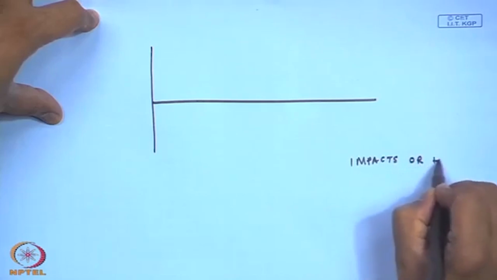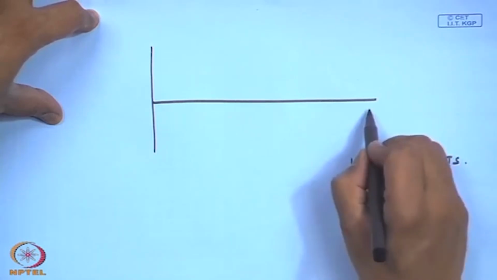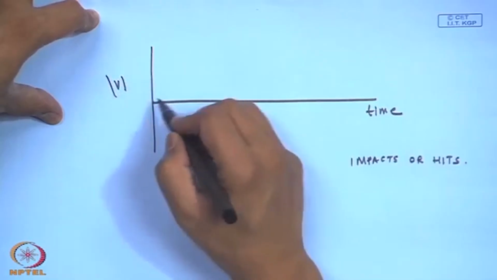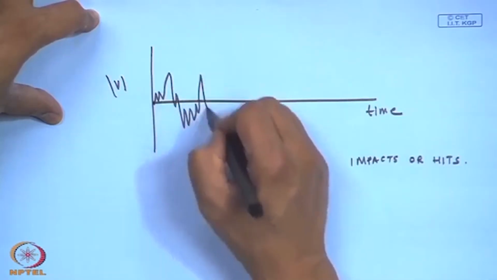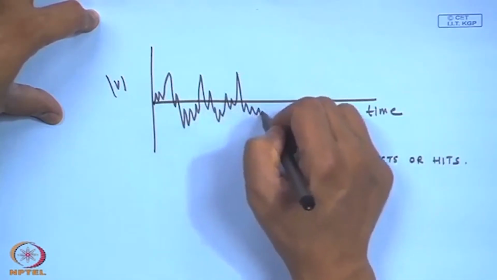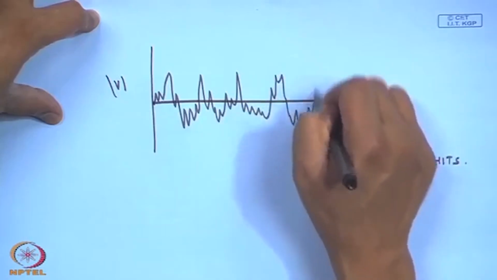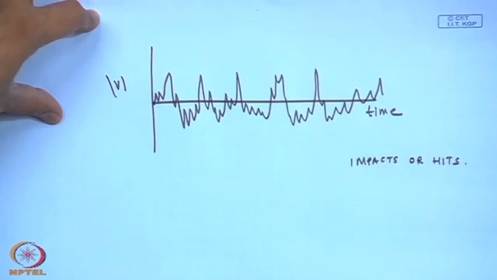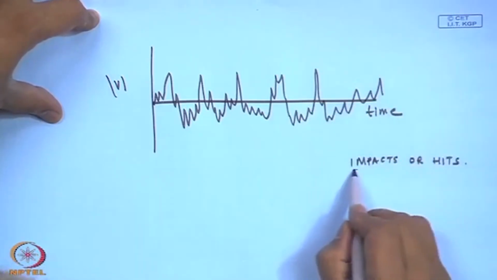or hits. So, if I look at the time domain signal of a normal signal, this is a normal signal. So, what happens when there is an impact or a hit?